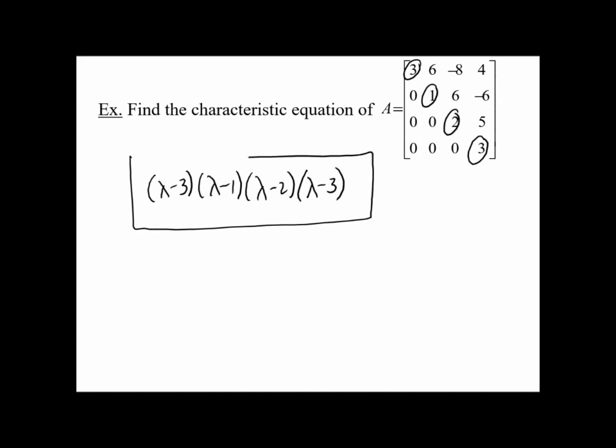But if it's a triangular matrix, the numbers on the diagonal are my eigenvalues, which means that the characteristic equation is just lambda minus 3 times lambda minus 1 times lambda minus 2 times lambda minus 3. That's it. That's my characteristic equation. Knowing what the eigenvalues are definitely makes it a lot easier to find the characteristic equation instead of vice versa.